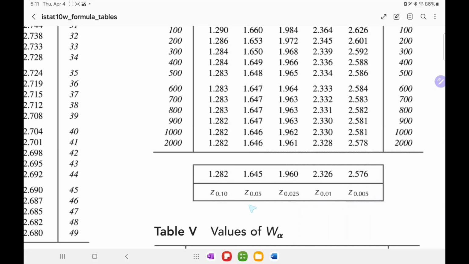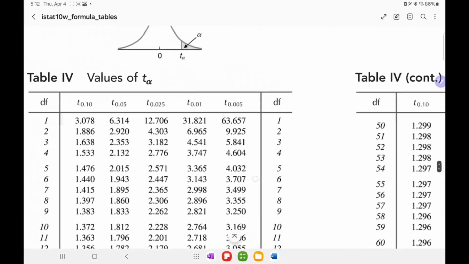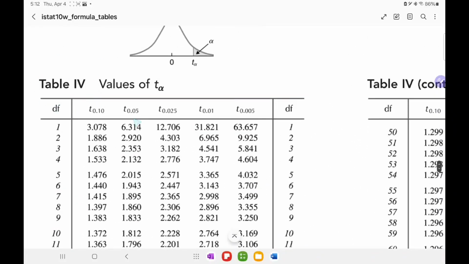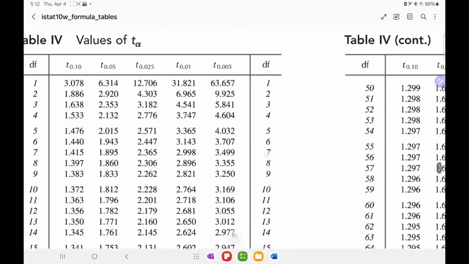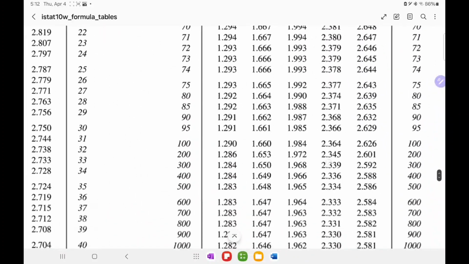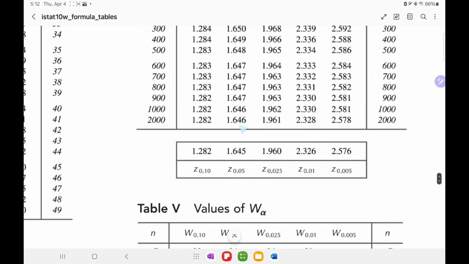These are the special alpha values that we use in order to find confidence intervals and also for hypothesis testing, for critical values, which we'll discuss later on. This table is found just below table 4, which is the T table. Just below it, there is the concise truncated Z table for special alpha values.